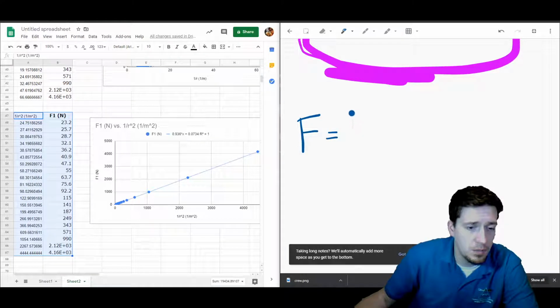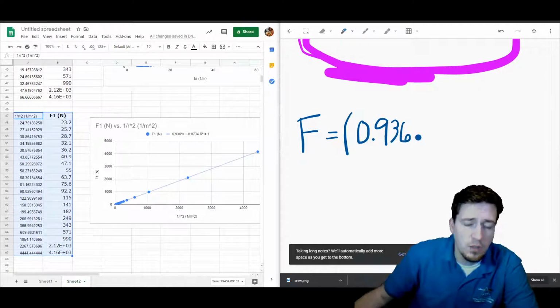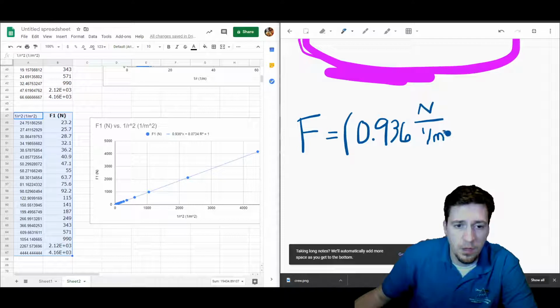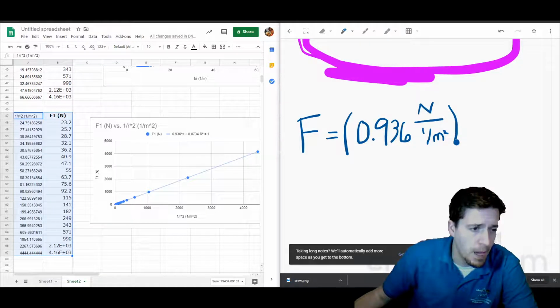And that's going to be equal to 0.936. Units on this are going to be crazy funky because the units here, right, would just be newtons, no big deal. Divided by, these units are 1 divided by meters squared, right? And we could certainly simplify them, but I don't want to, so we're not going to.